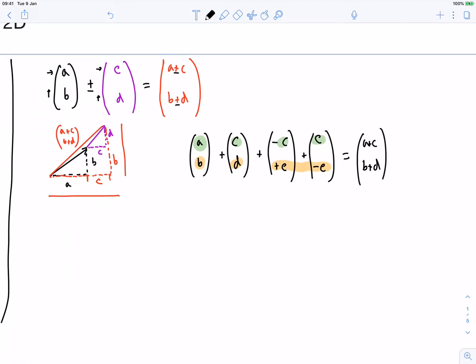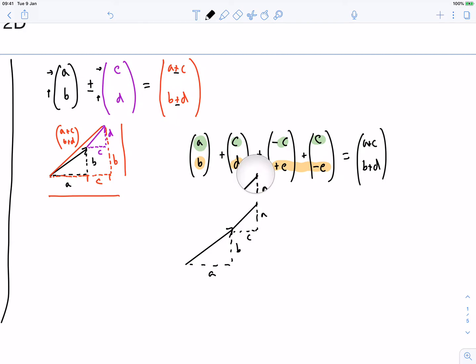You've got lots of vectors going on. Well, let's draw some diagrams. If I've got A, B, like so, that's my AB, and then I've got CD, something like that maybe. And now what am I doing?